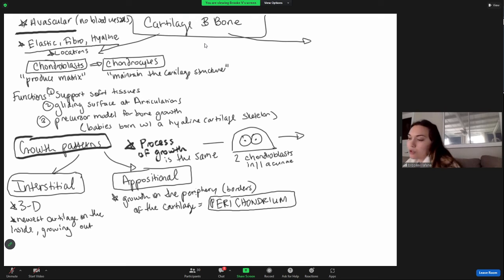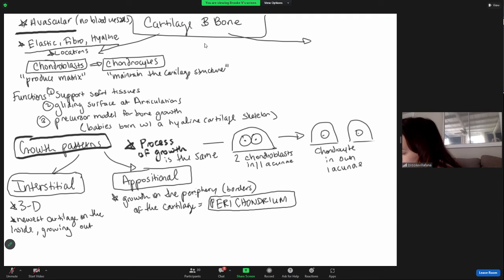So those will produce matrix enough until they each become their own chondrocyte in their own lacuna. Do you guys see how now we have two chondrocytes, each in their own lacuna? That is the process of growth. The process of growth is always the same, whether we're looking at interstitial or appositional.